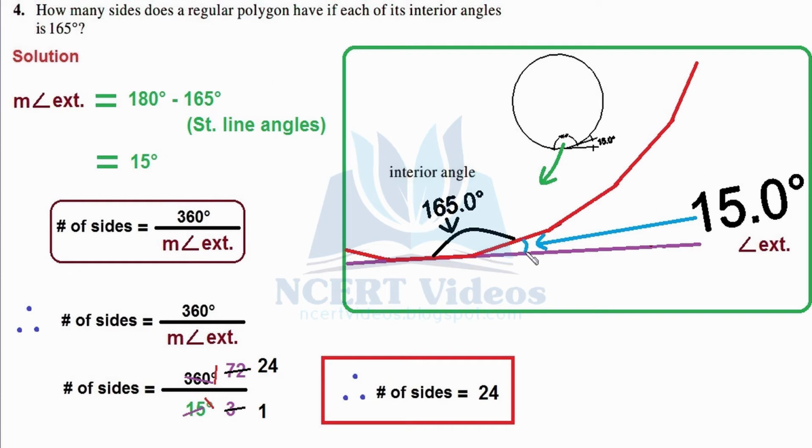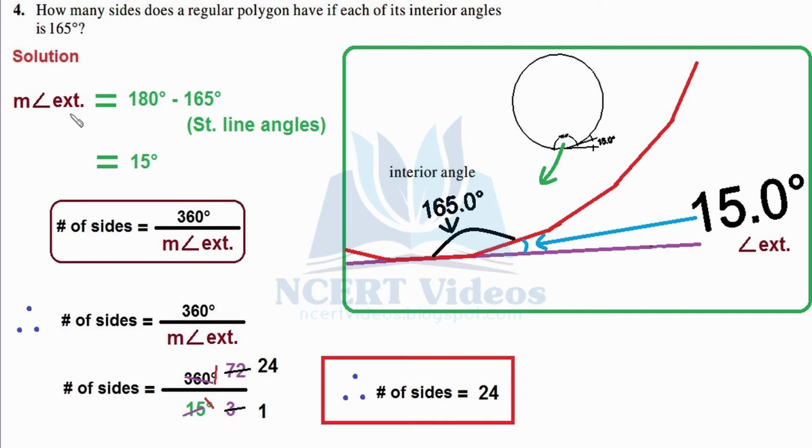So how can we find this angle? Well, we use the concept that we have learned in previous standards, that is, the angle on a straight line is always equal to 180 degrees. So this angle can be found if we subtract 165 from 180 degrees. The same thing has been done in the first step.